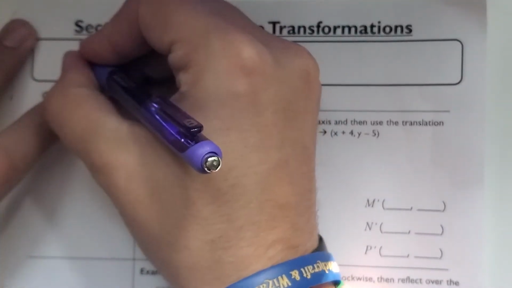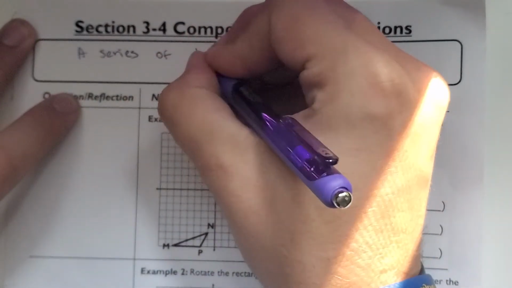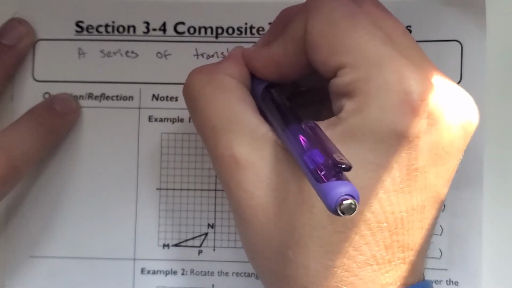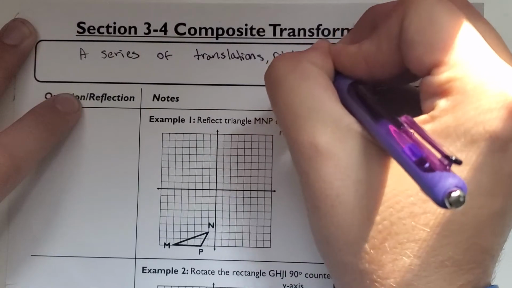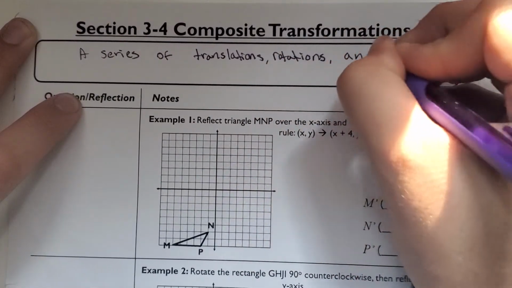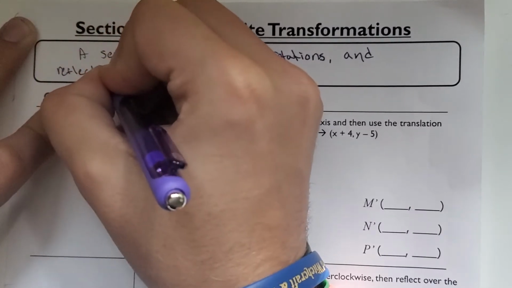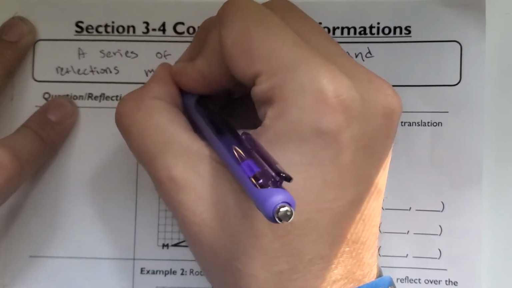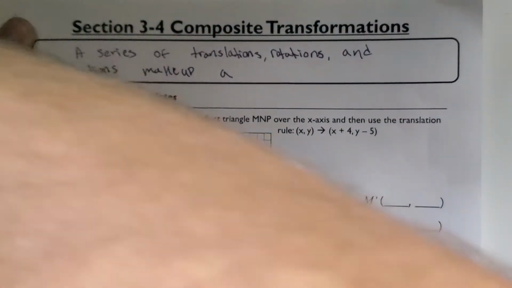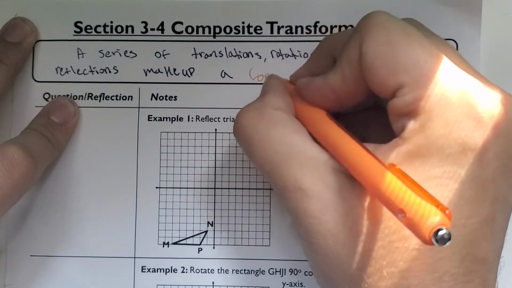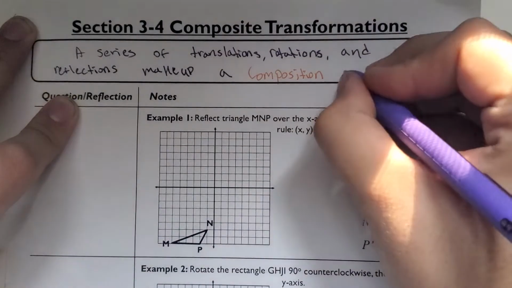So it's going to be a series of translations, rotations, and reflections to make up a composition of transformations.